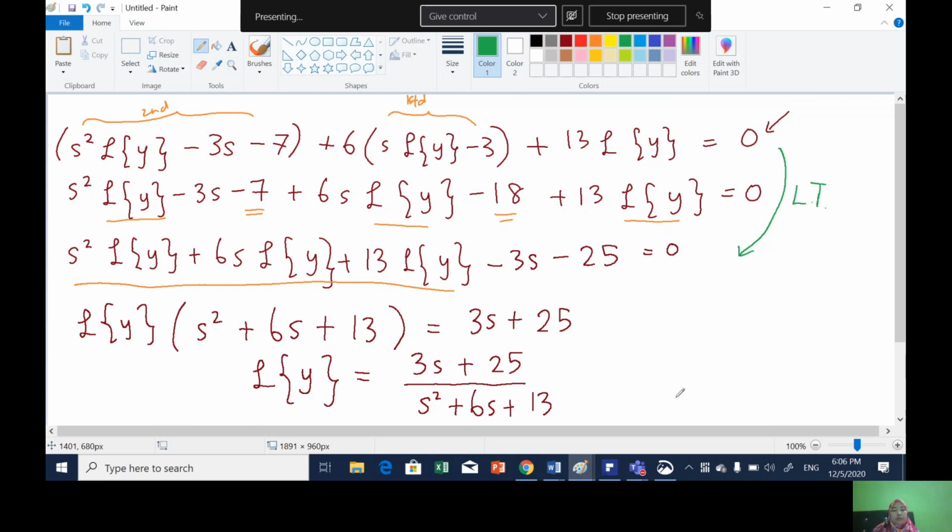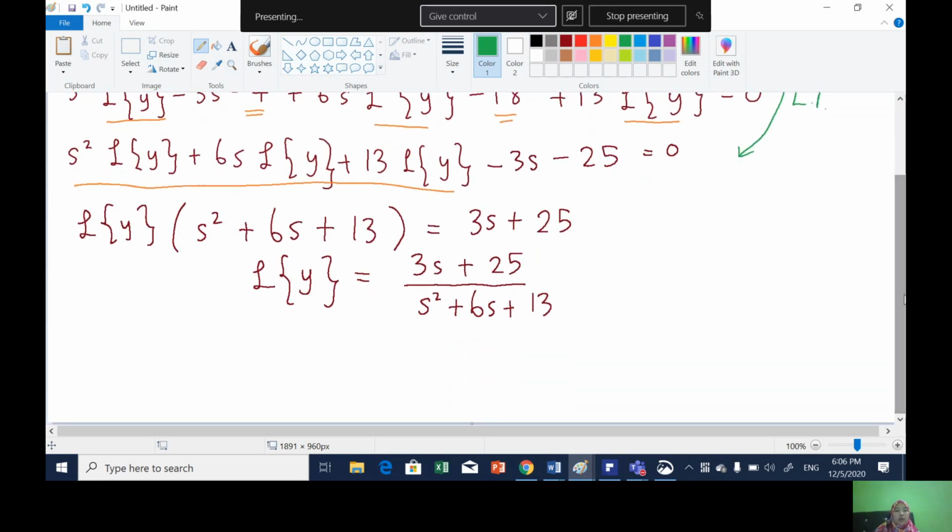Okay, so next one, we are interested to find what is the solution of y, correct? What is y? So therefore, this L is on the left hand side. L means Laplace. So when this L is brought to the right hand side, it becomes inverse. Okay, it becomes inverse.